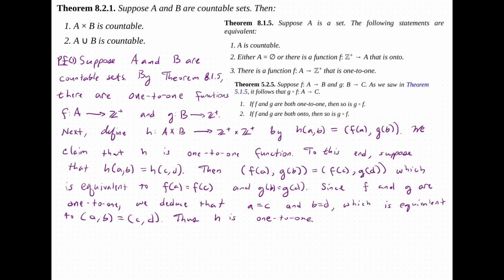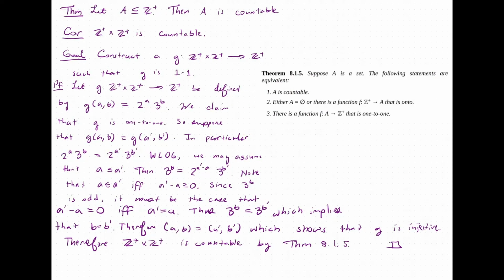Now we use the fact that the positive integers' Cartesian product with itself is denumerable. As a reminder, we proved that statement following our proof of theorem 815. Namely, the Cartesian product of the positive integers with itself is countable, but specifically, it's denumerable.